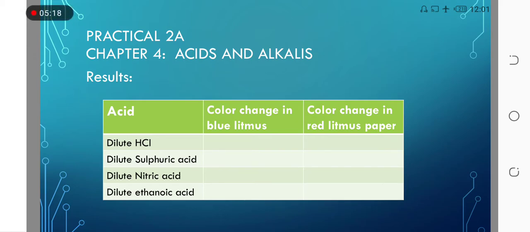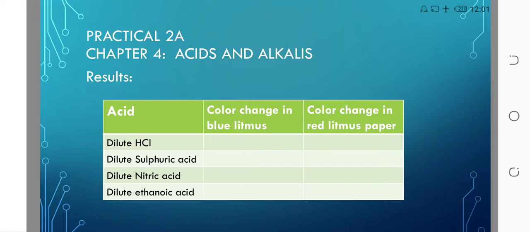By repeating the same experiment, you again have to place the pieces of red and blue litmus papers onto the tile and repeat it using sulfuric acid and nitric acid. Then we have to fill the table of results, and I am going to tell you what the results will be.